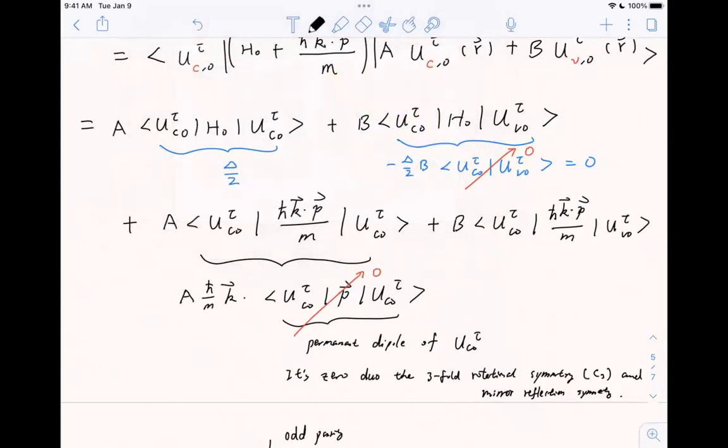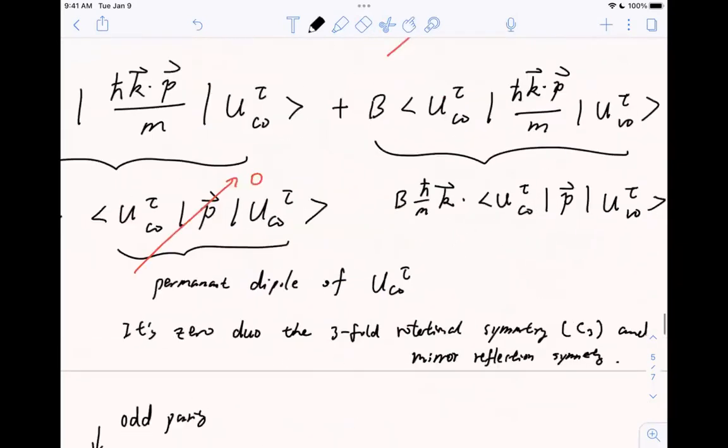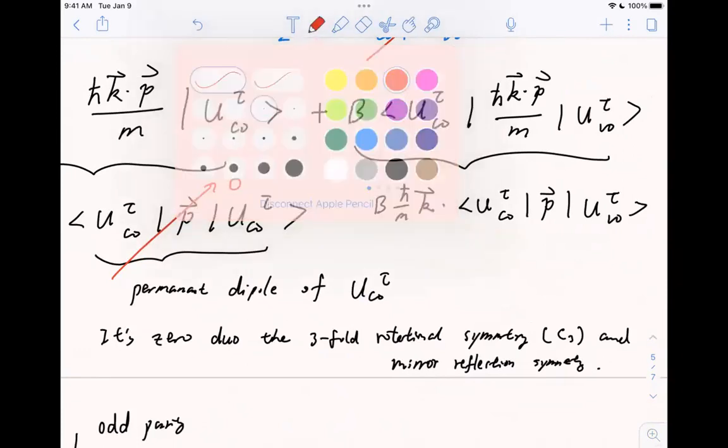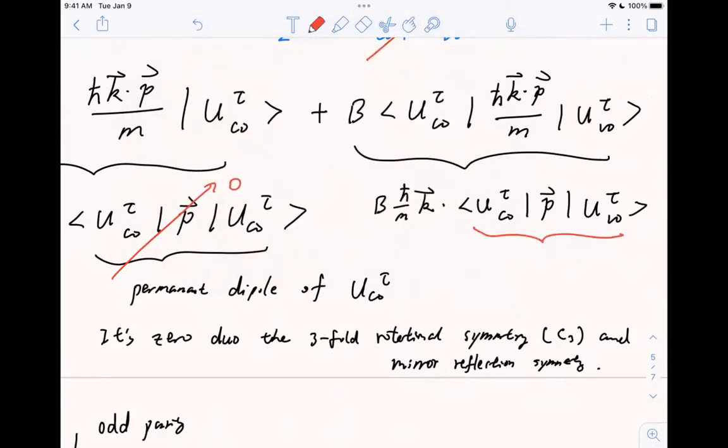Then for this one, you have the B. This one is not 0. So why is this one not 0? What is this? This is a V to C with the dipole. This is just the transition dipole from the valence band to conduction band.